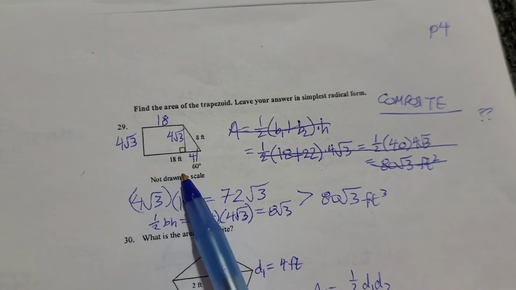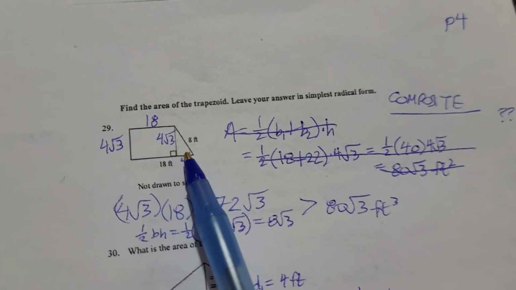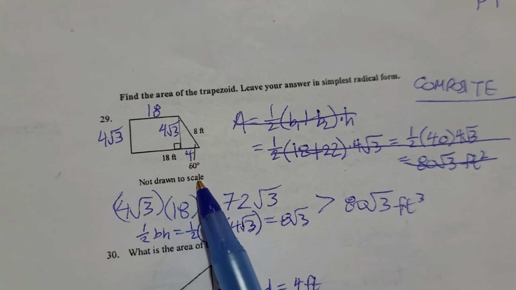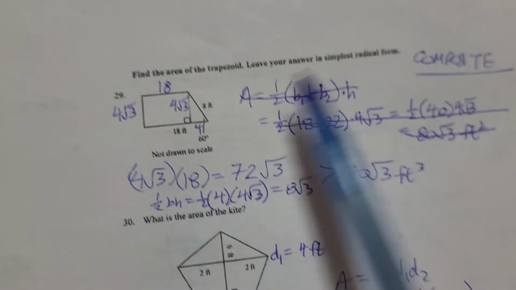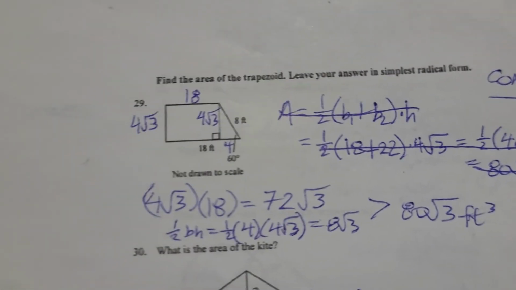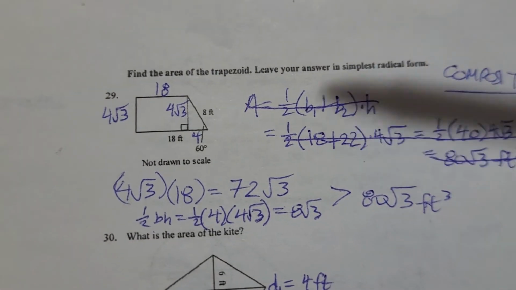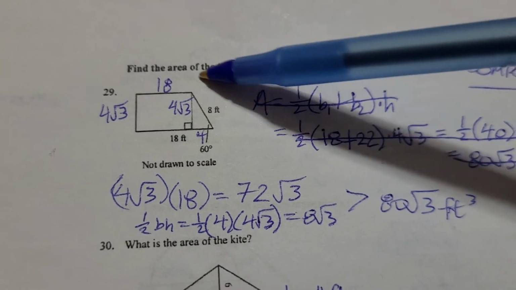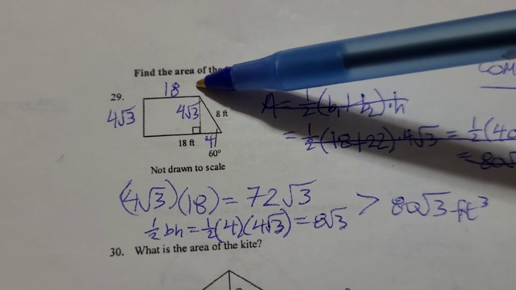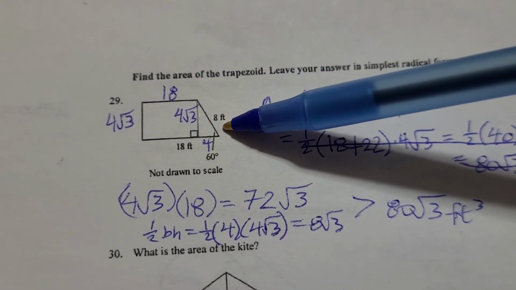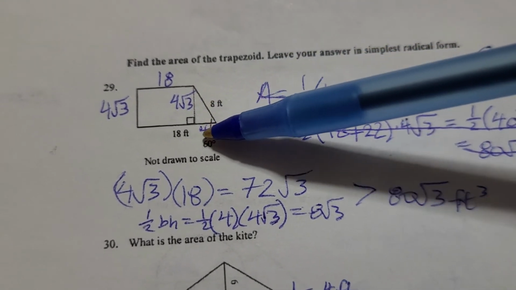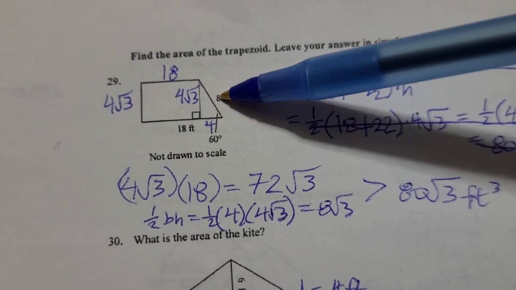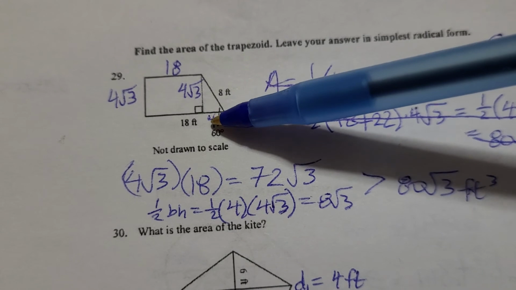Here this is 18. Here this is a 30, 60, 90, which I thought was the point of why they were telling us that's 60. They give us the hypotenuse here. Remember, in the 30, 60, 90, the side adjacent to the 60 is half of the hypotenuse. So this is 8, so this is 4.